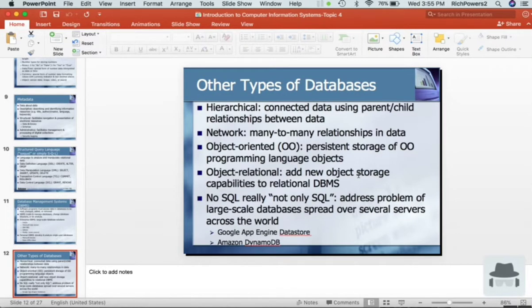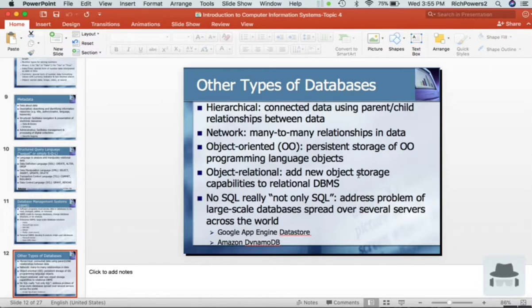There are some other types of databases that have been around. Some of these predate relational. Relational has been the mainstream for over 30 years now, but some of these were in play leading up to relational. So hierarchical, which was actually developed as part of the Apollo space program.